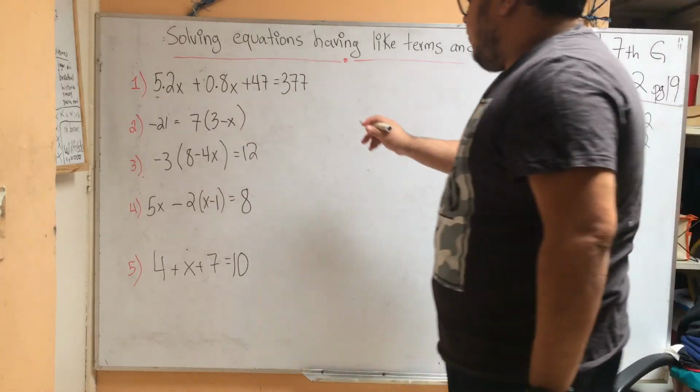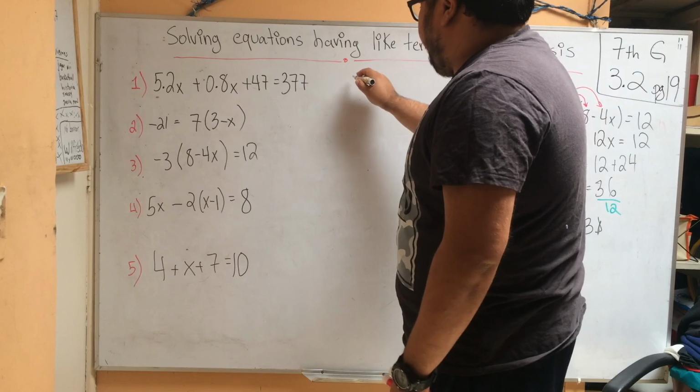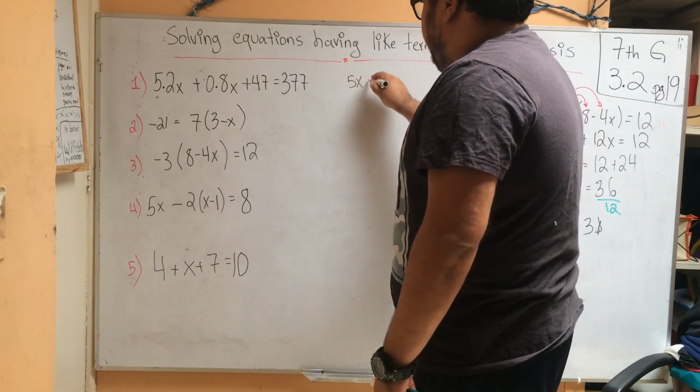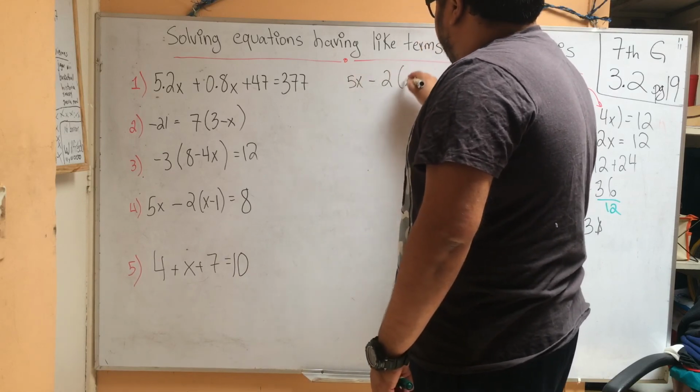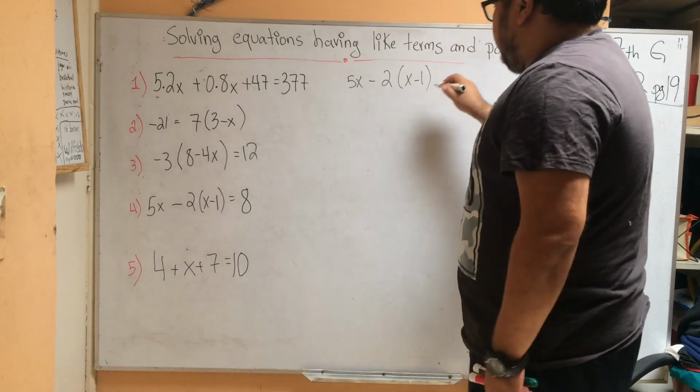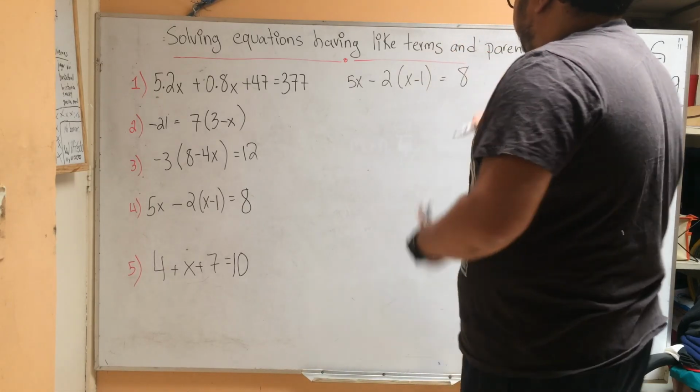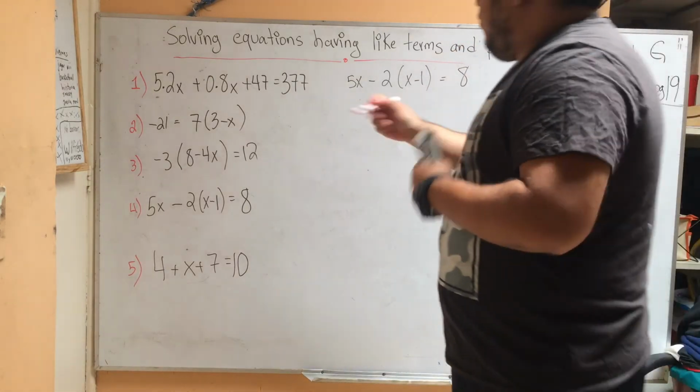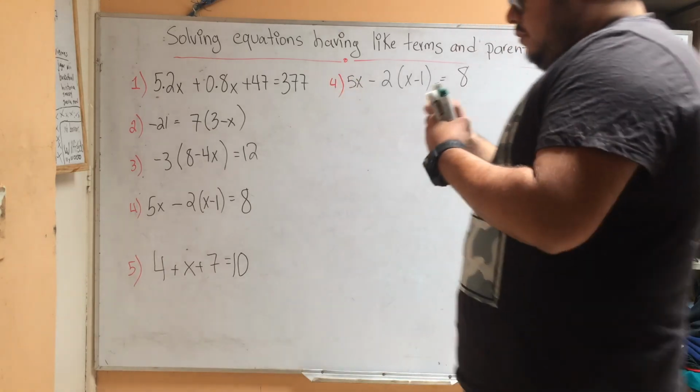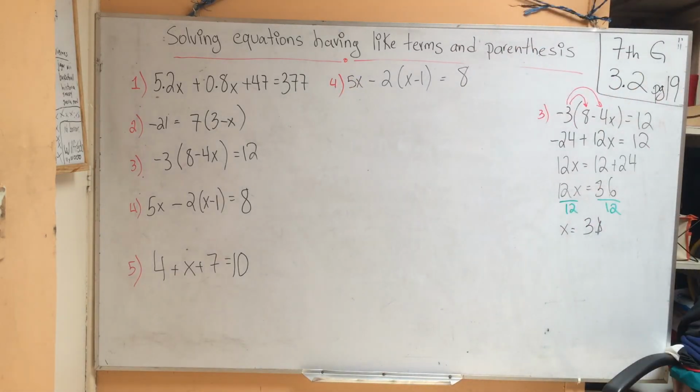So number 4. We have 5x minus 2 times (x minus 1) equals 8. This is number 4. So what do we do first? Remember? Parentheses. In case we have parentheses, we work the parentheses first.